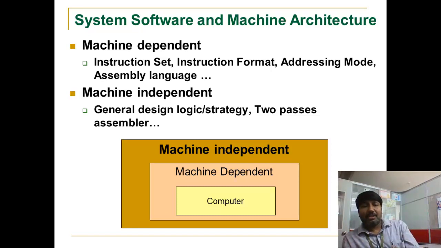Now here the main thing, if you take the machine architecture, if you take a computer, machine dependent features will take care of instruction set, instruction format, addressing modes, assembly languages, and the size and number of registers. For example, 8085 is an 8-bit register machine, 8086 is a 16-bit register machine, and 8088 is the best example, an 8-bit bus with 16-bit registers. So all these register sizes, 8-bit or 16-bit microprocessor, are machine dependent.